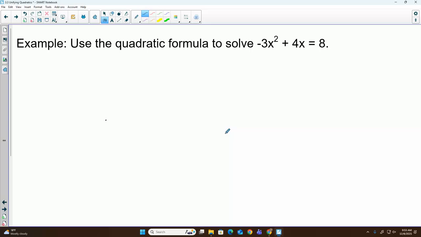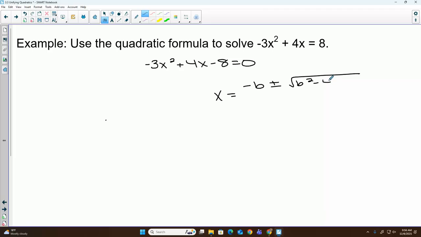It has to be equal to 0. Doesn't matter which side everything's on, but it has to be 0. 3x squared plus 4x minus 8 equals 0. So quadratic formula: opposite of b plus or minus square root of b squared minus 4ac, all over 2a.